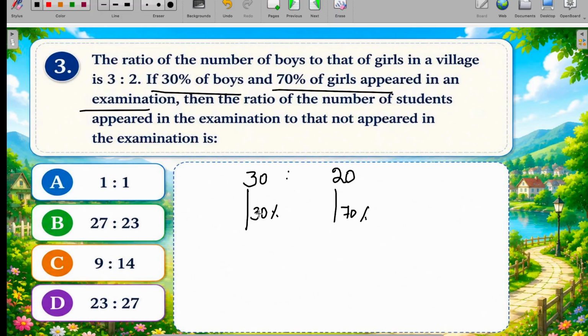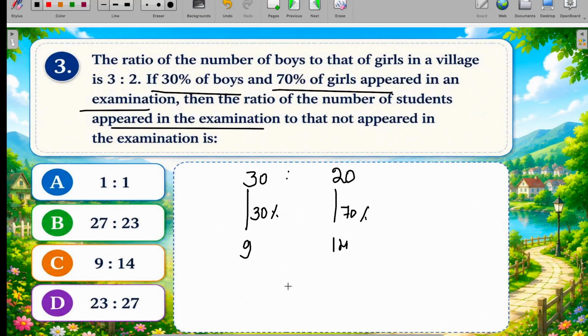So out of 30, the 30 percentage who attended will be 9 members. 3 threes are 9. So 30 percentage of 30 is 9. 9 boys appeared in the exam. Then 70% of the girls, that is 14, because 10 percentage is 2, and 2 sevens are 14. 14 girls appeared in the examination.